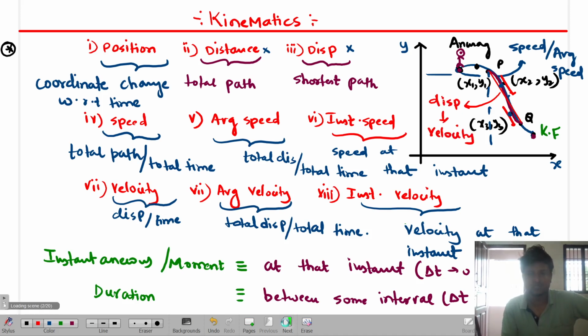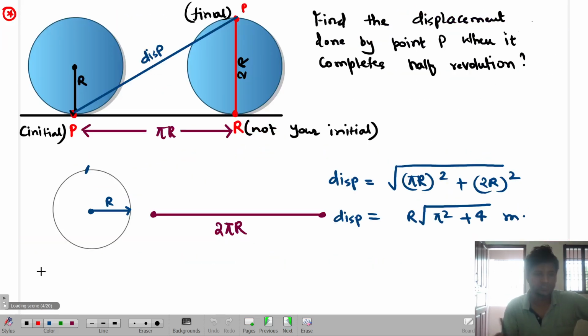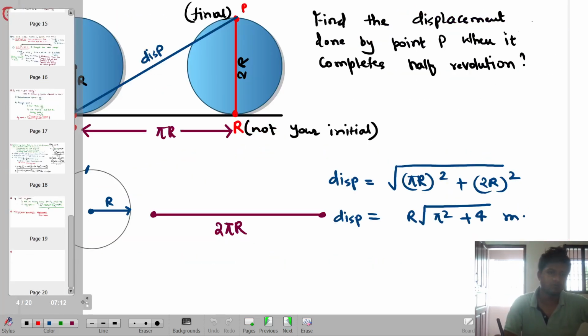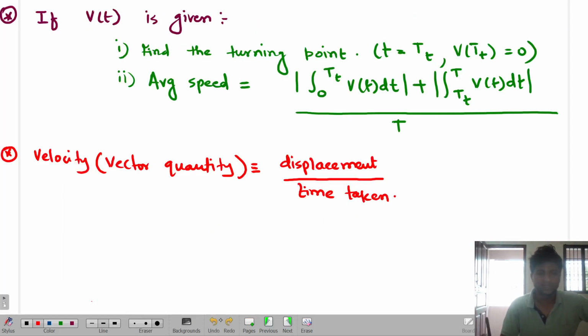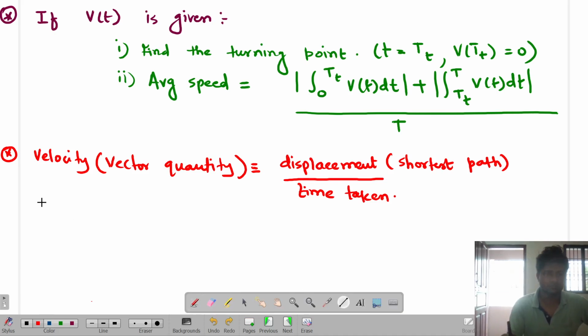So look over here, velocity is always calculated over displacement, isn't it? And displacement is nothing but the shortest path or a straight line between initial and final. Is this clear or not? Okay. Yes, sir. Okay, so now let us imagine, let's suppose a particle goes this way.